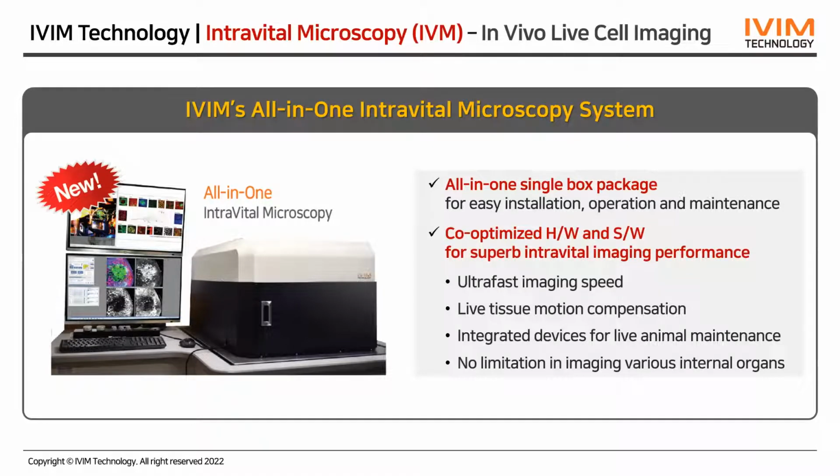It has co-optimized hardware and software for superb intravital imaging performance, with ultra-fast imaging speed and no limitation in imaging various internal organs. Together with the live tissue motion compensation function, you can get the best quality in vivo data.